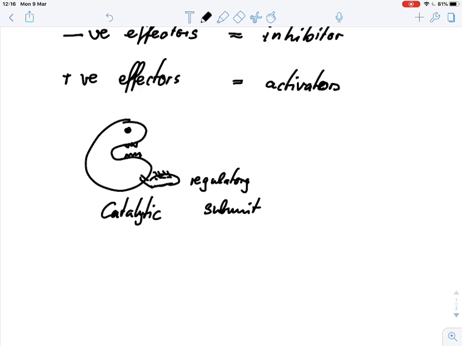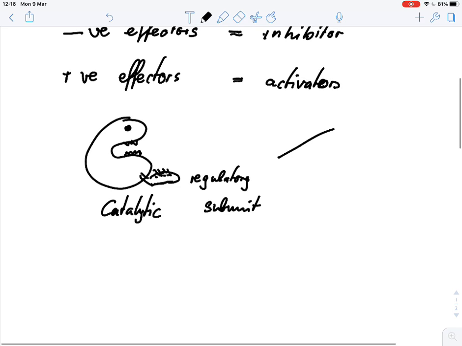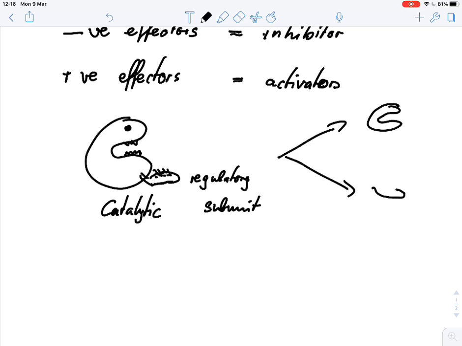And this regulatory subunit can be the same polypeptide chain, or it can be a separate polypeptide that is simply attached to that. Sometimes, if they are separate, then with very gentle denaturation methods, you can separate them. And what you end up with is only the catalytic subunit, which of course in this case would no longer be in any way regulated.